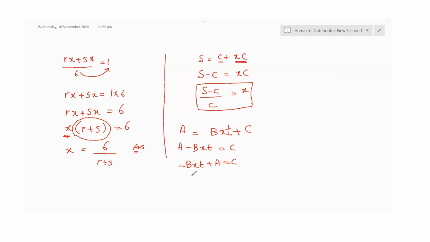Then all I did was add BT on both sides of the A and C. Okay, that means you will have A equals C plus BXT, right? No, I added BT under both A and C, like dividing. You added.